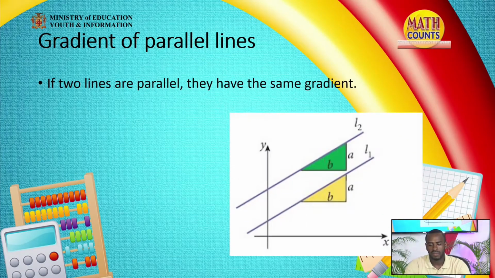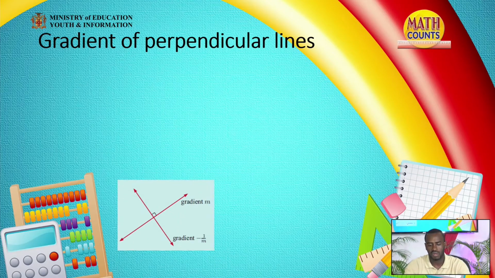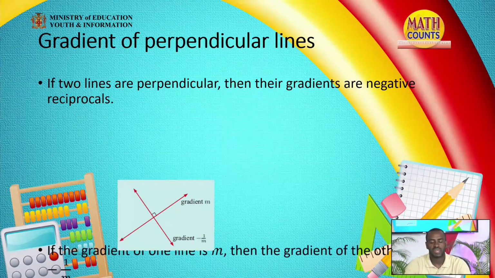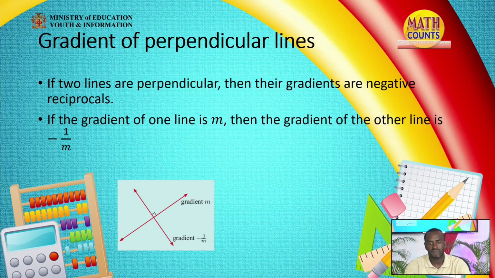While if two lines are perpendicular, we know that their gradients are negative reciprocals of each other. So we know that if one line is m, then the other line will be negative 1 over m, which is the negative reciprocal. And to prove this point, the product of both lines' gradients should be equal to negative 1.